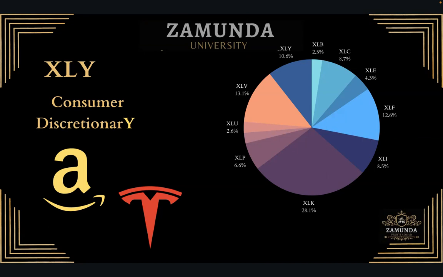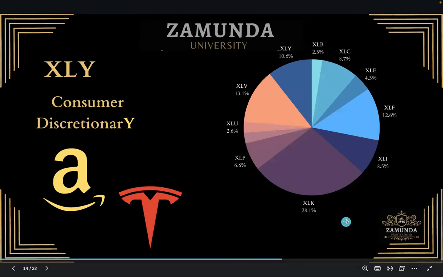This is where they define you as a consumer. So that's the last sector, XLY, and it accounts for 10.6% of the S&P. So it is also highly weighted. As you can see, Amazon and Tesla are in that sector.